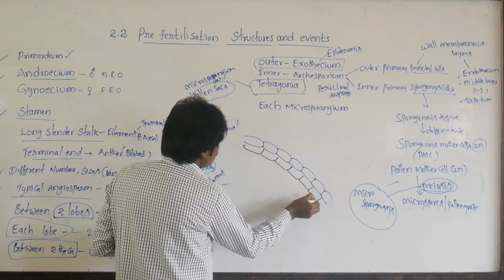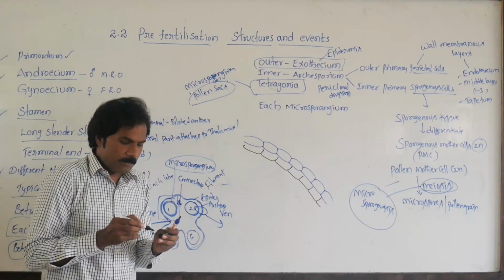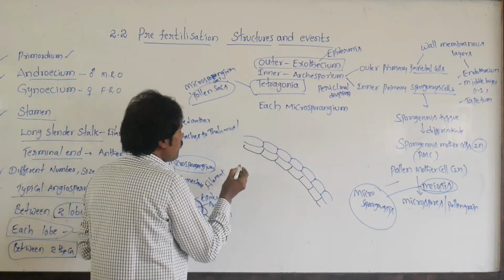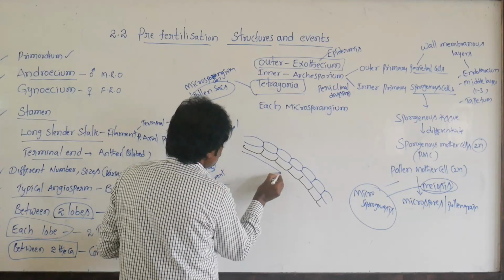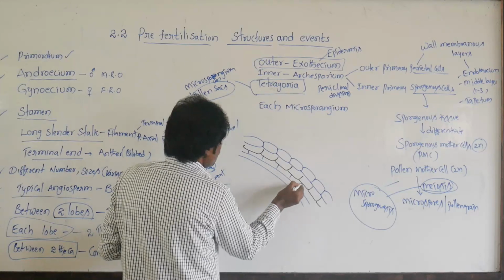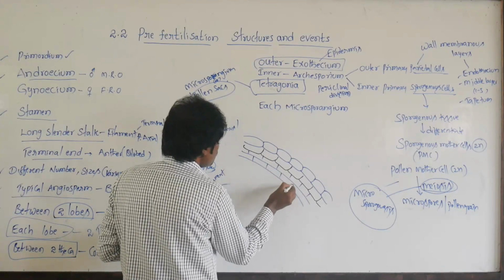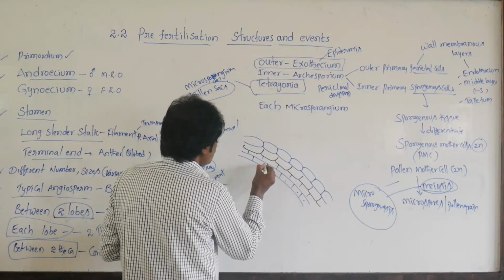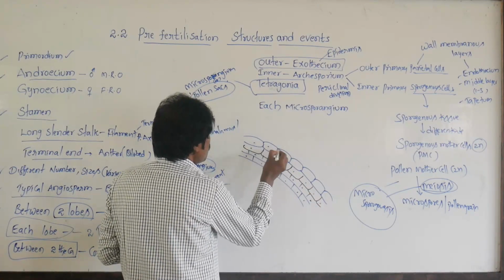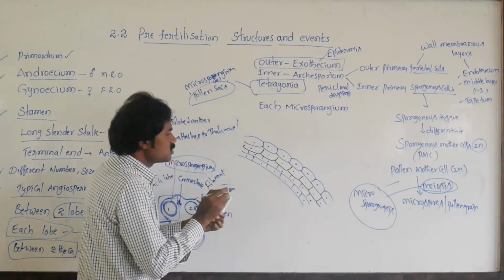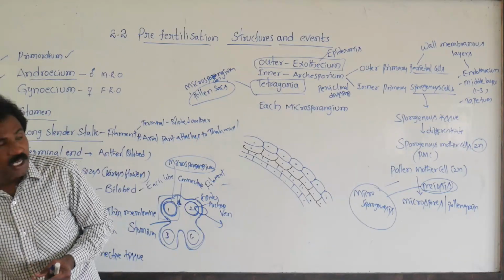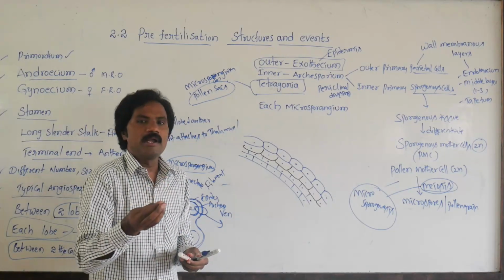Later, one to three layers of middle layers are present. But the innermost membrane is made of slightly elongated cells.